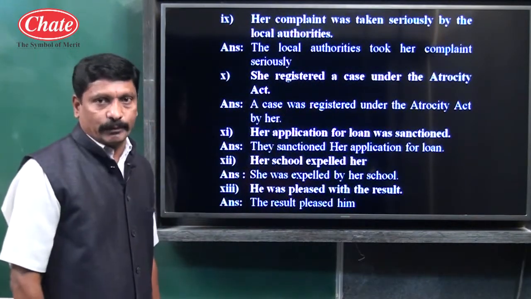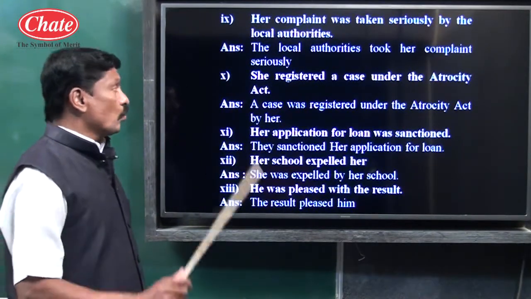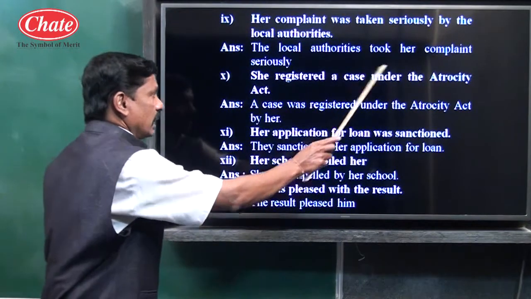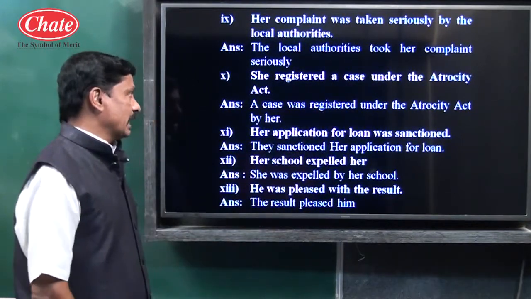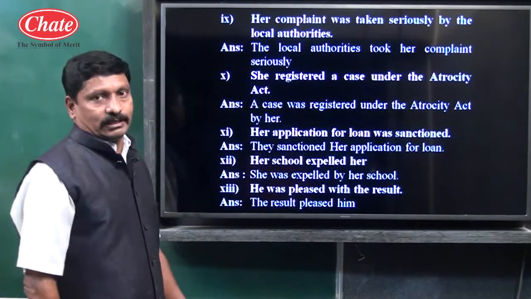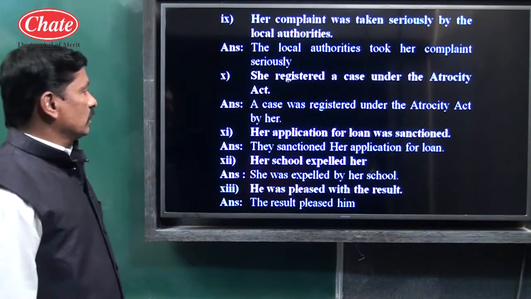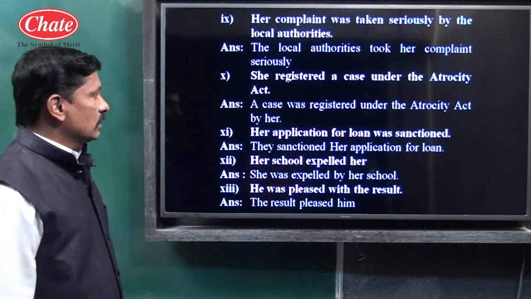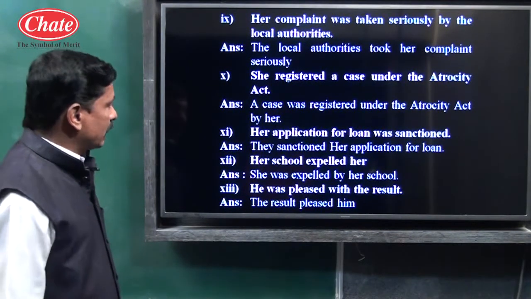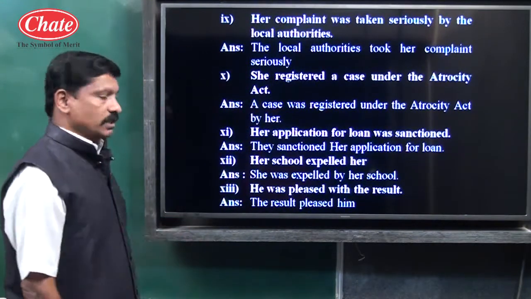Let us find the object. She registered. What did she register? A case under the Atrocity Act. So children, a case was registered, simple past tense because was has been used. A case was registered under the Atrocity Act by her. Active voice structure, passive voice structure.